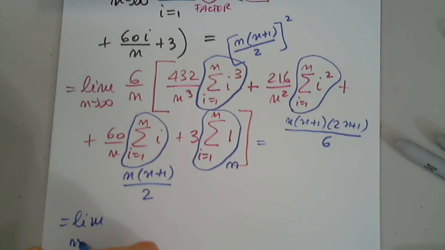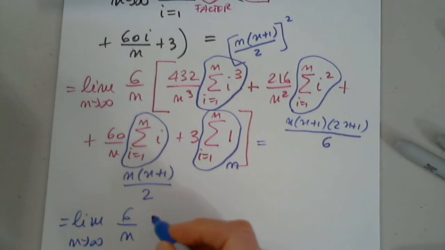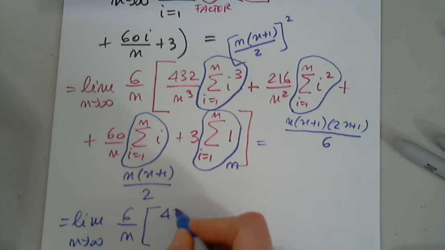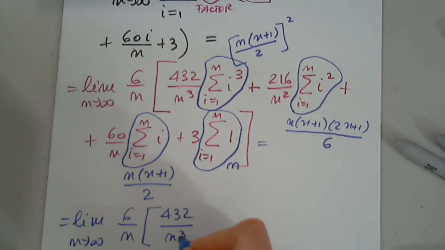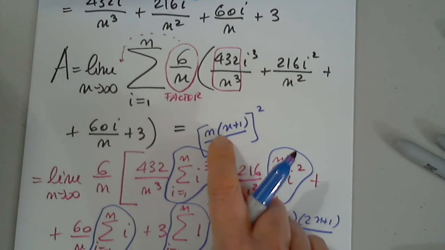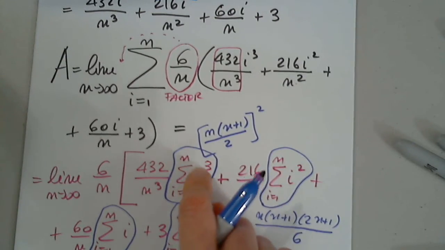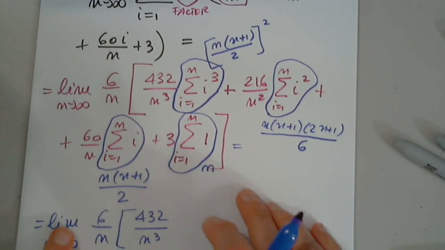So limit as n approaches infinity of 6 over n, 432 over n cubed. I will square this, I don't want to put it here and then square it.